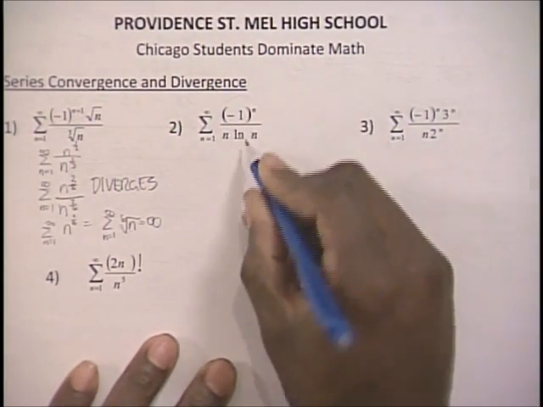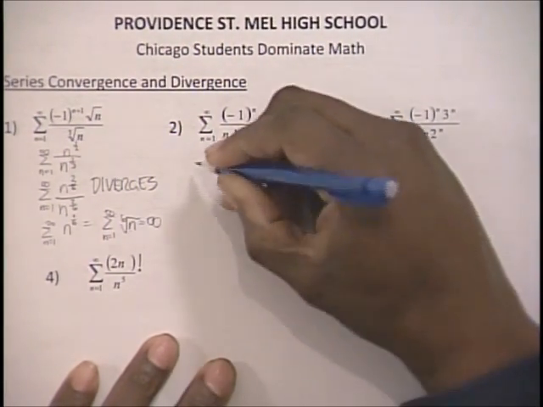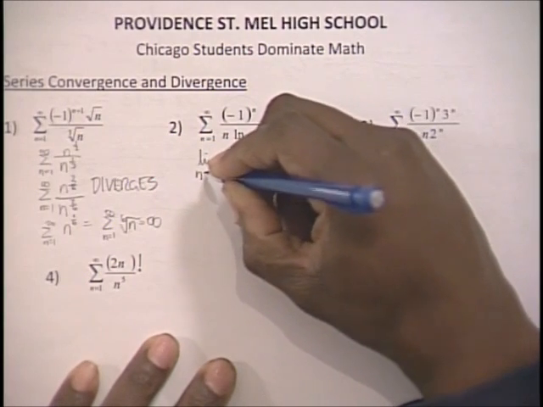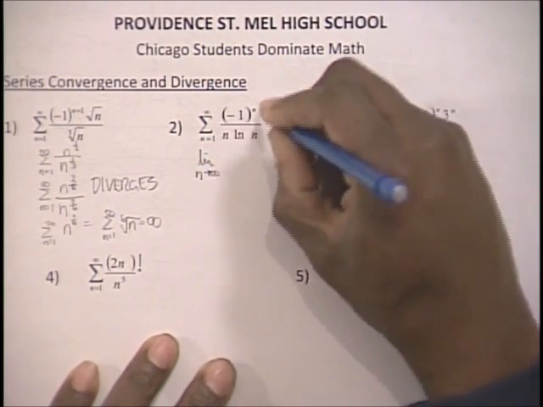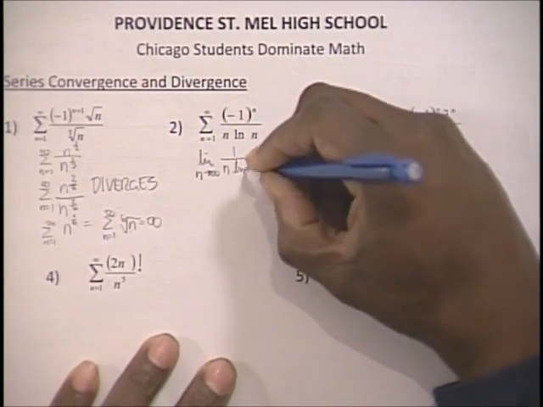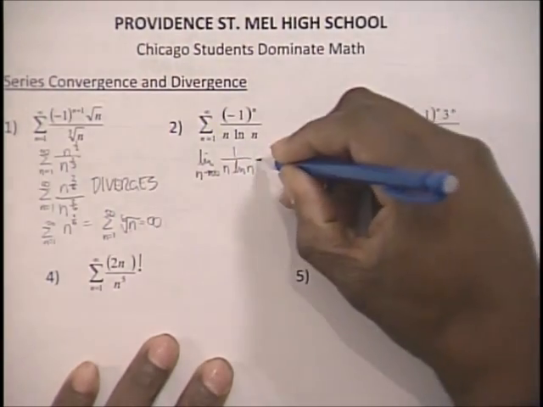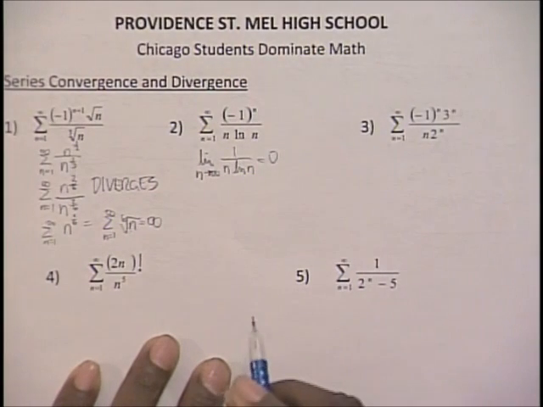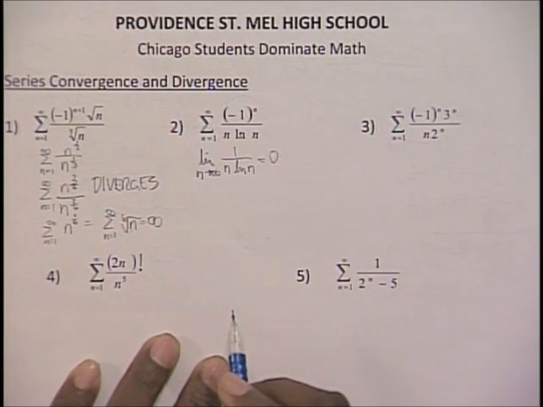So you take the absolute value. If you analyze that limit as n goes to infinity, ignoring this numerator temporarily, 1 over n times the natural log n, you apply this limit, it equals 0. And that is a requirement for the alternating series to converge.